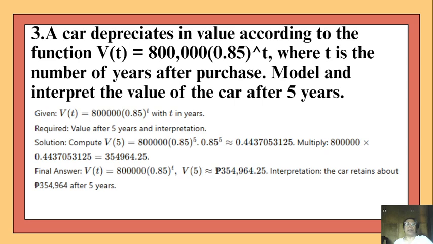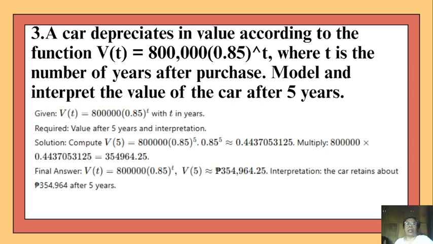Model and interpret the value of the car after 5 years. So we're given the value of the car, V(t) = 800,000 times 0.85 raised to t, with t in years. So required: value after 5 years and interpretation.